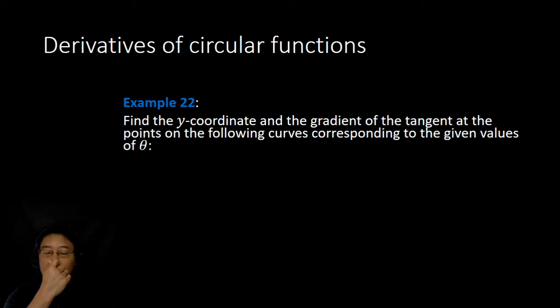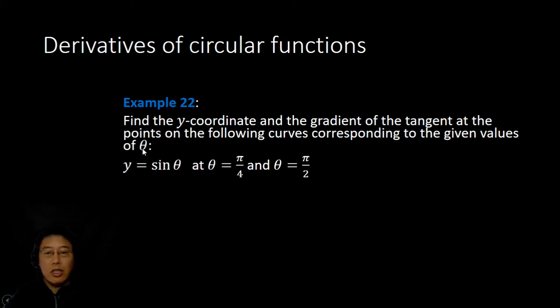Last example, so you need to differentiate, but here you first need to find the y coordinate. That's just substituting the x coordinate into your function. To determine the gradient of the tangent, first you need to differentiate, find the first derivative, and then substitute the x coordinate to obtain a value for the gradient. So let's look at the function, which is in terms of theta.